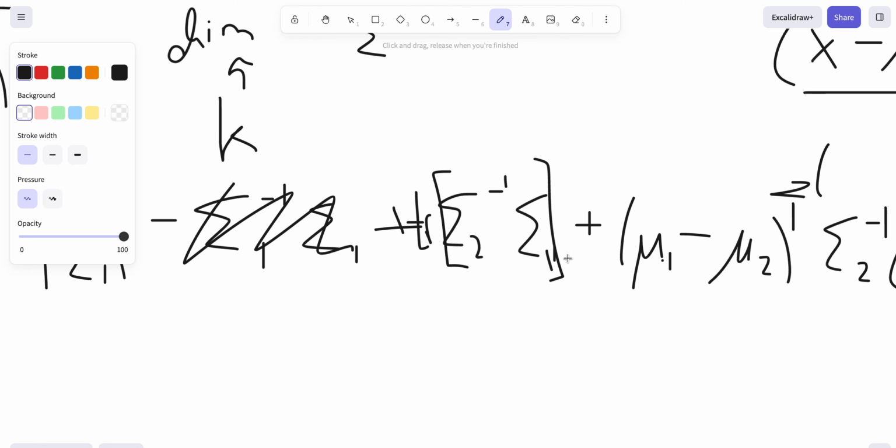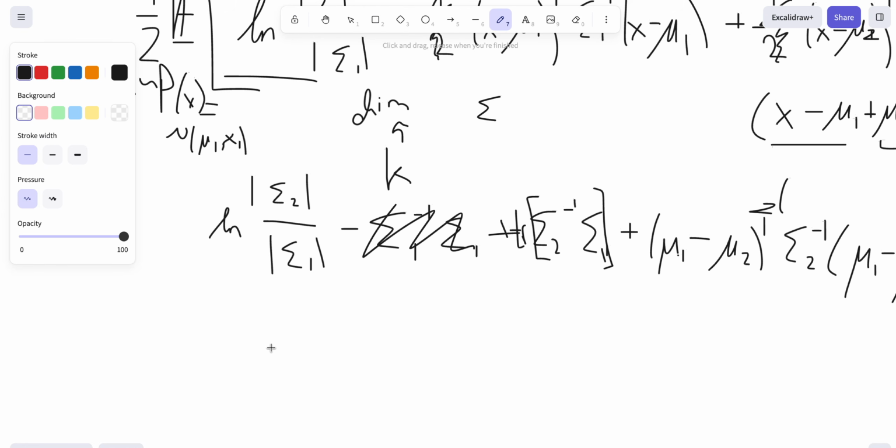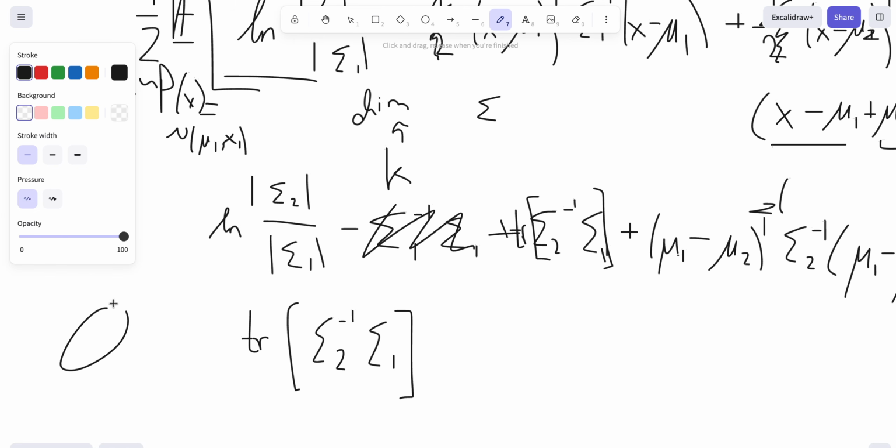But here's the interesting part: the trace of sigma 2 inverse sigma 1, if you're not familiar with this, describes the volume of the ellipsoid around the first standard deviation of our multivariate Gaussian. So if you have a Gaussian like this, and this is one standard deviation, it describes this area, or in 3D that volume.